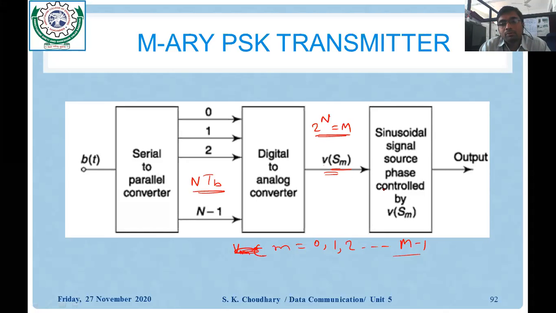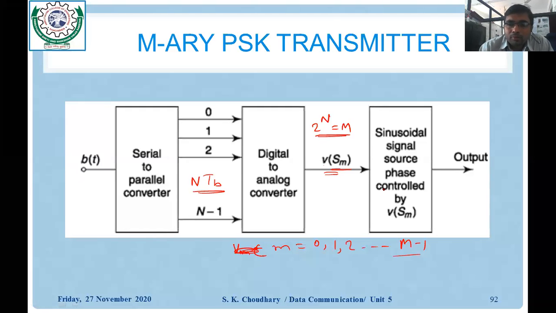The digital to analog converter converts it into an analog symbol, one of the 2 raised to power n possible symbols, and this voltage signal is then applied to the constant amplitude sinusoidal signal source that finally generates the output fixed amplitude sinusoidal waveform. And the phase is 1:1 corresponding to the assembled n bit data, that is 2 pi upon M.